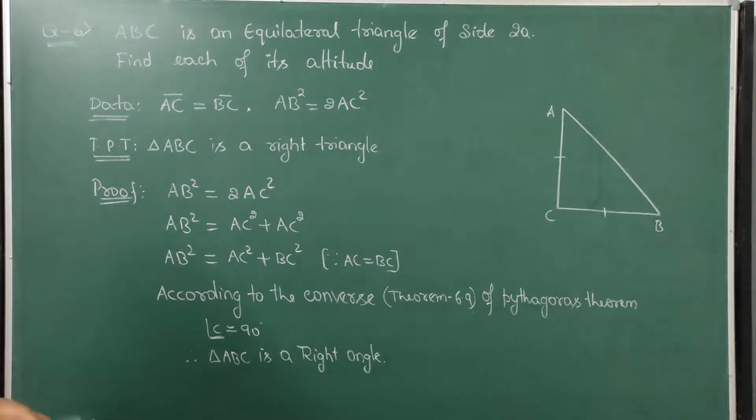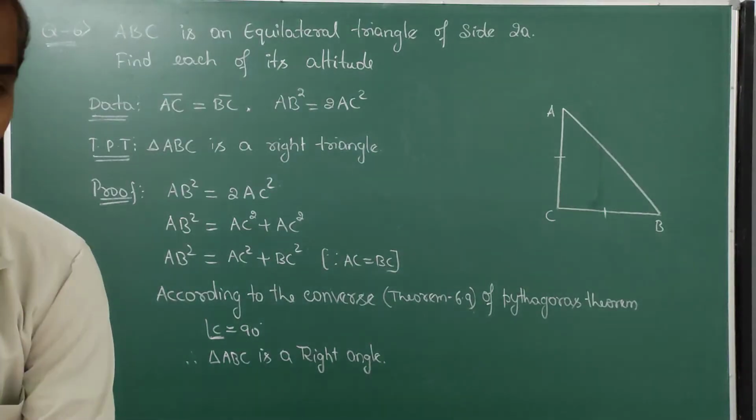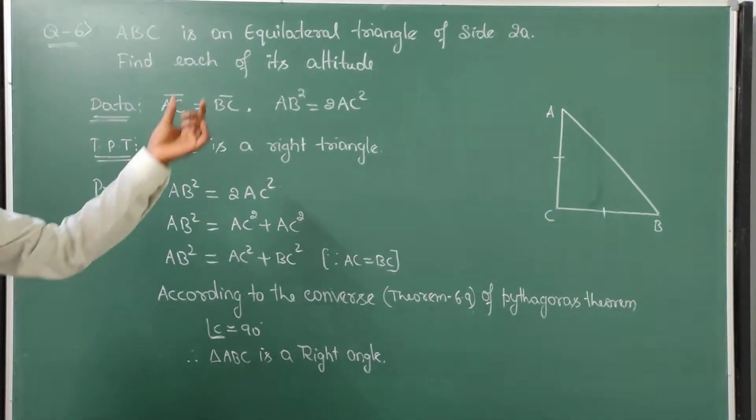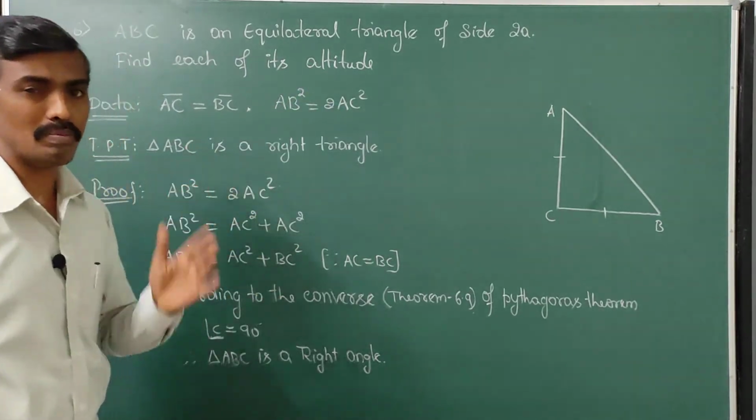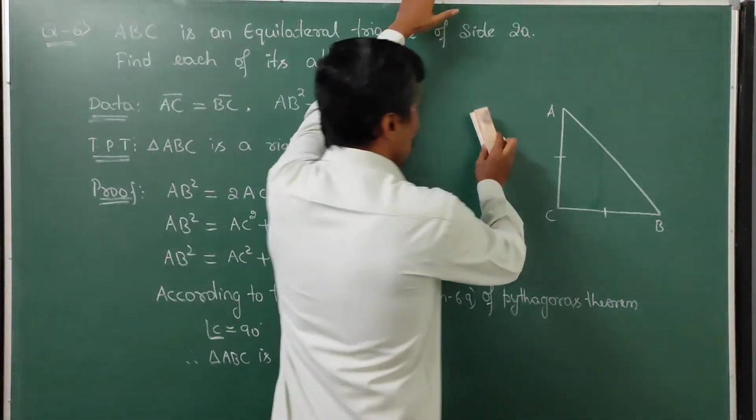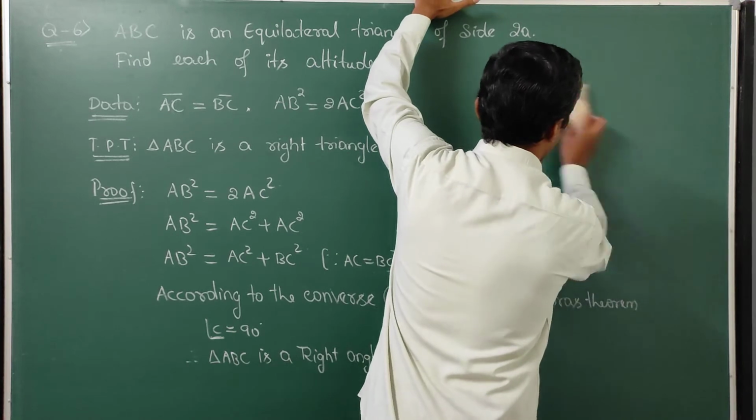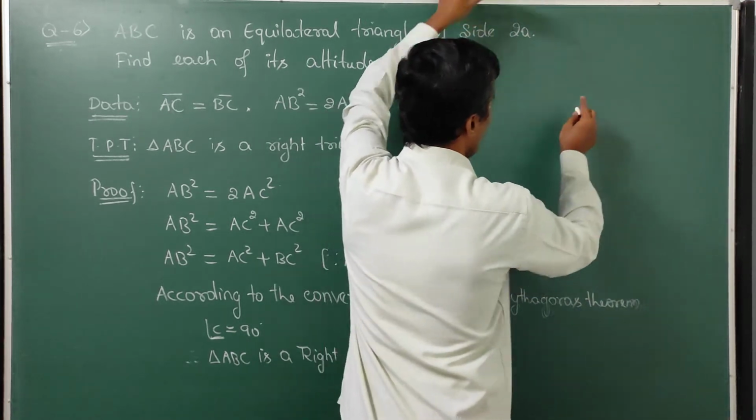Altitude means the perpendicular drawn from one of the vertices to its opposite side. That is called an altitude. It is the perpendicular. Okay. So let me draw a triangle, an equilateral triangle.